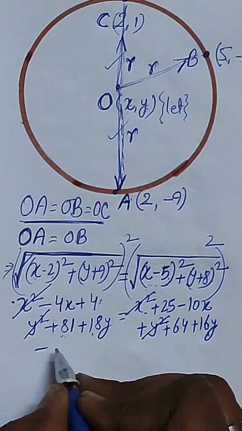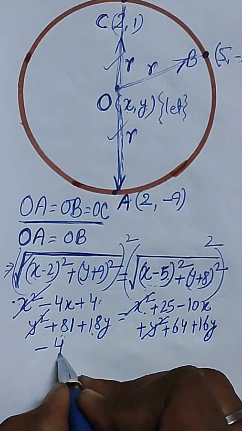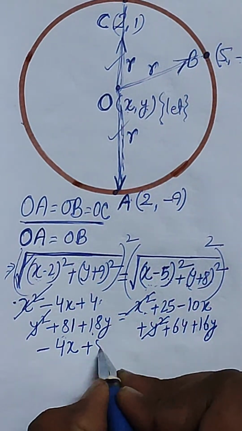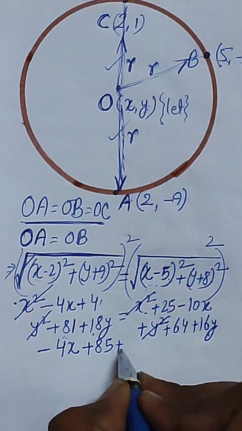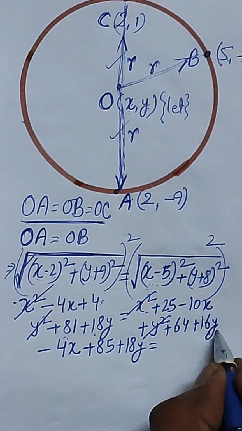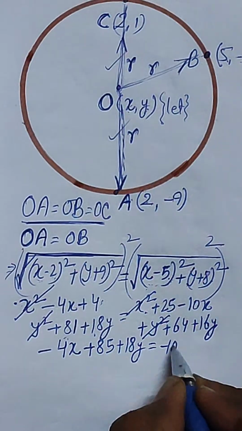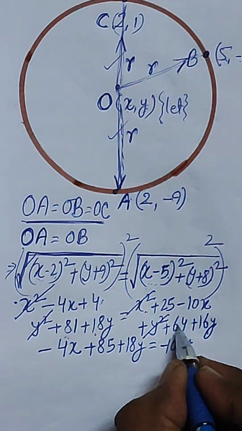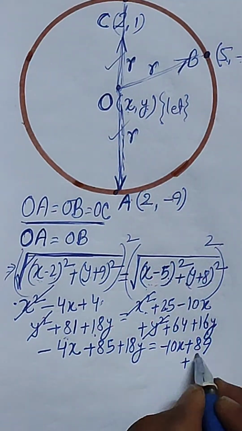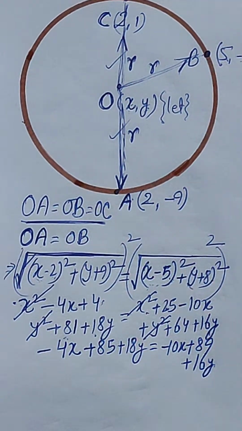So it simplifies to minus 4x plus 85 plus 18y is equal to minus 10x plus 89 plus 16y.